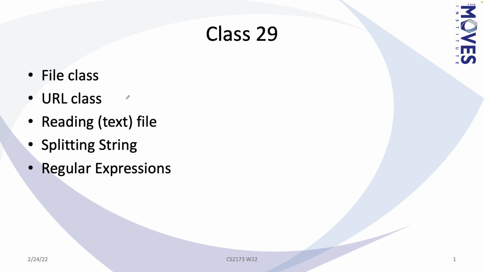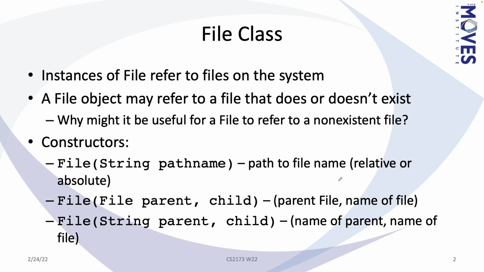And so we're going to look at reading a text file and then splitting strings according to certain criteria. That takes us right into this concept of regular expressions, which we're going to dip our toes into a little bit, and for which there's a handout.